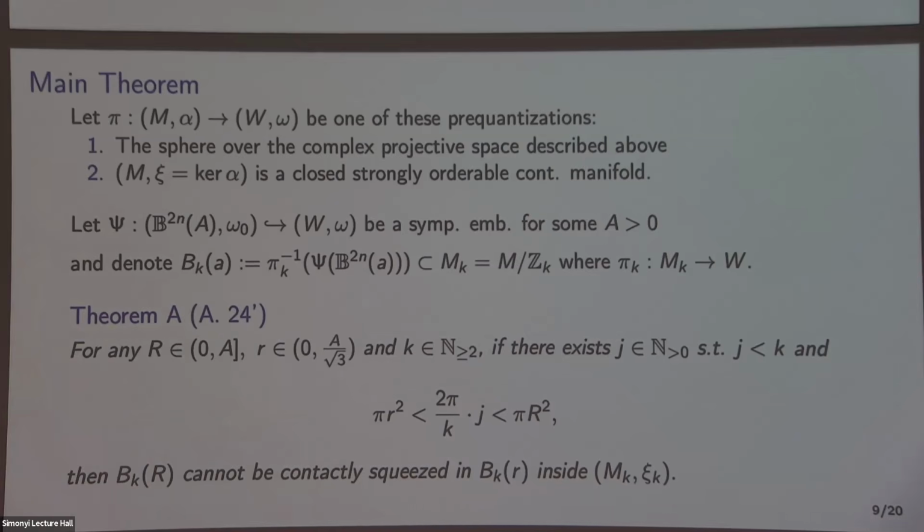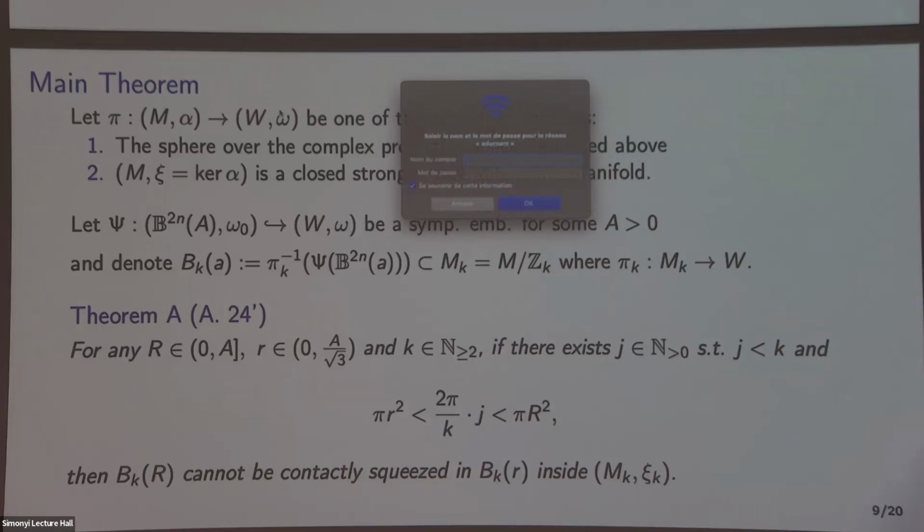Then you have 2 pi over 2, which is here. And then if you take a ball with radius here, I have to take this radius to be less than pi. This is a bit the technical assumption. So if I take a ball with radius here and a ball with radius which is greater than 2 pi over 2, then this ball cannot be contactly squeezed inside this one. But I can see only, in some sense, one non-squeezing.